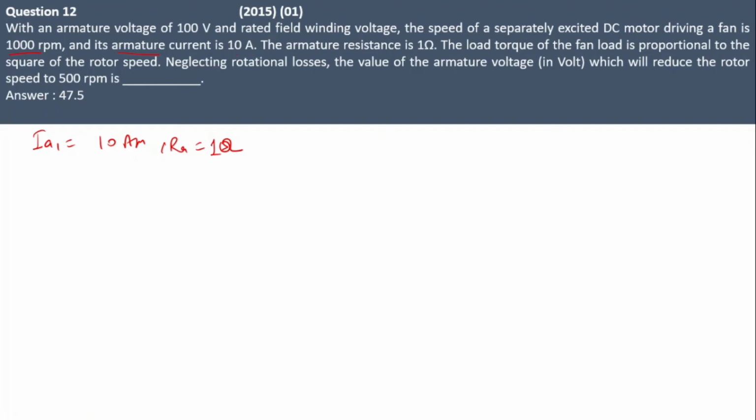The load torque of the fan is directly proportional to the square of the speed. Neglect rotational losses, the value of the armature voltage which will reduce the rotor speed to 500 RPM, and N1 is how much? 1000 RPM.